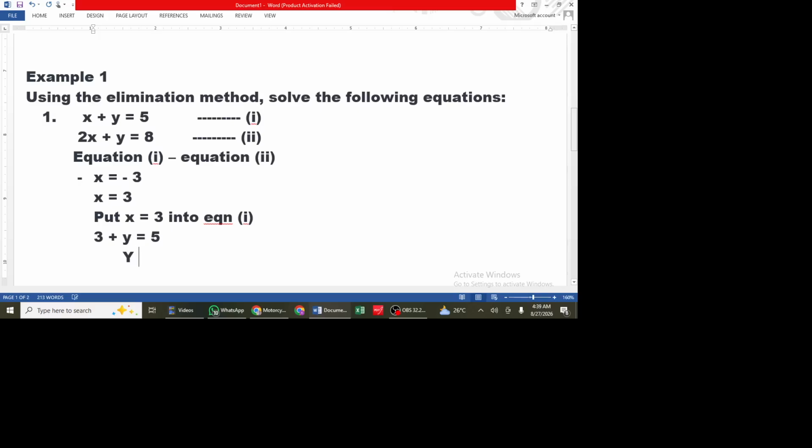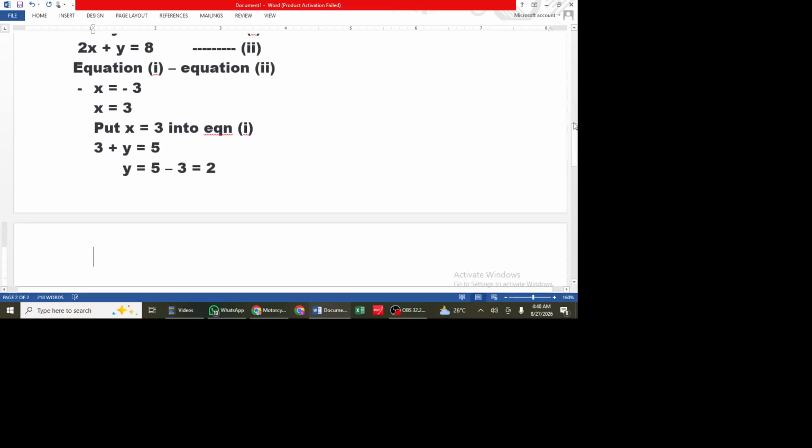Then y is equal to 5 minus 3, and 5 minus 3 will give us 2. Therefore, the value of x and y will be x is 3, then y is 2. This is how to solve simultaneous linear equations using the elimination method.